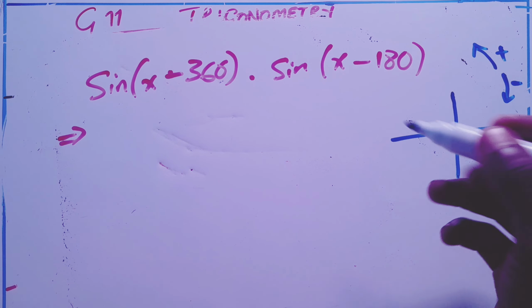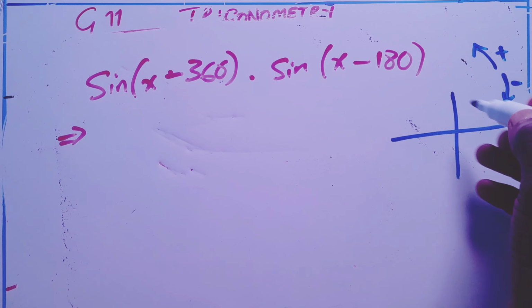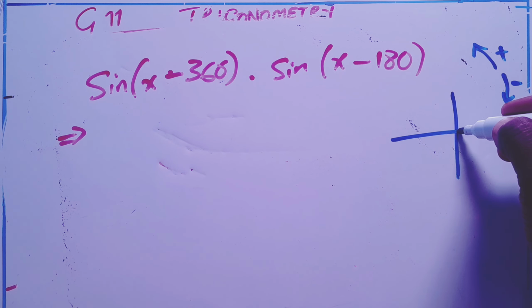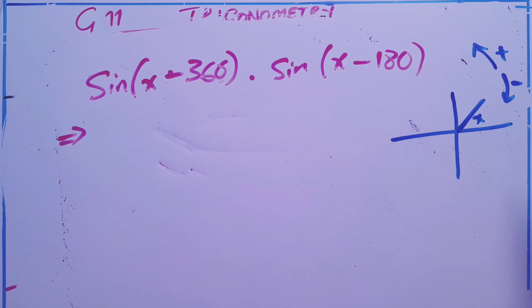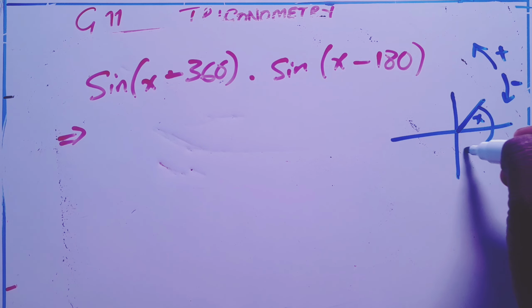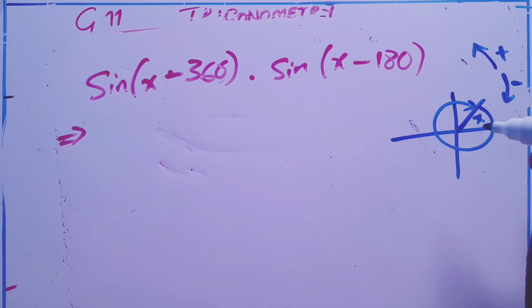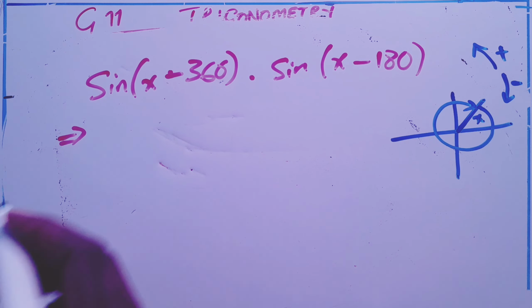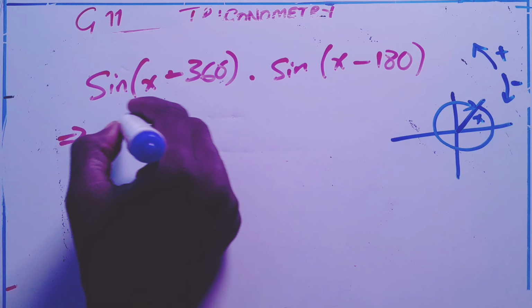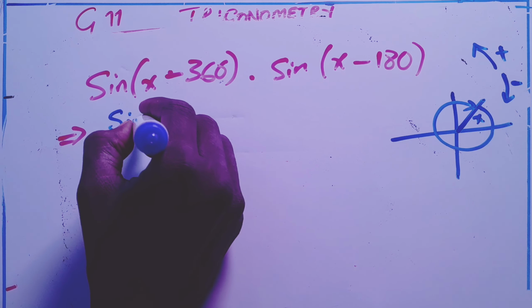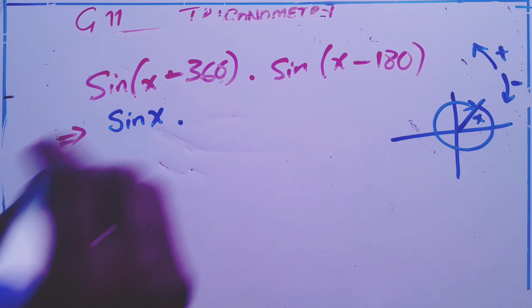So for x minus 360, we start with a positive x, then subtract 360 and come there. This is falling in the first quadrant, so it becomes positive. So this is positive sine x.